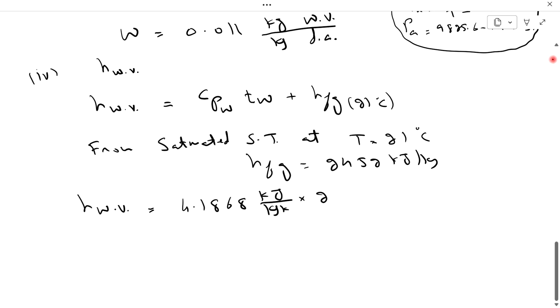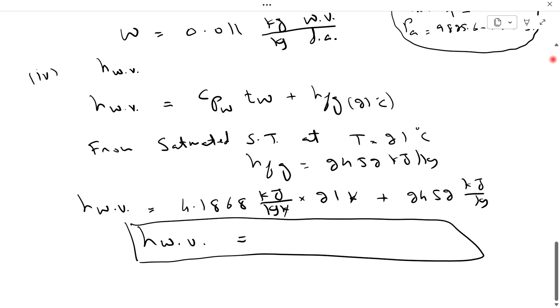We can write this in Kelvin because the difference is constant. And the HFG value is 2452 kilojoule per kilogram. Kelvin will be cancelled with Kelvin. So specific enthalpy of water vapor will be equal to 2539.9 kilojoule per kg of water vapor.